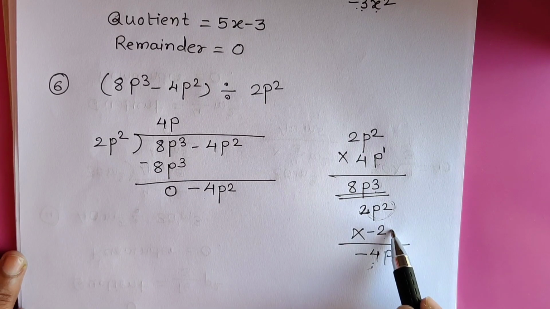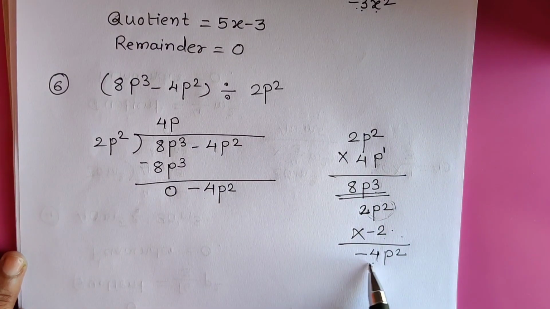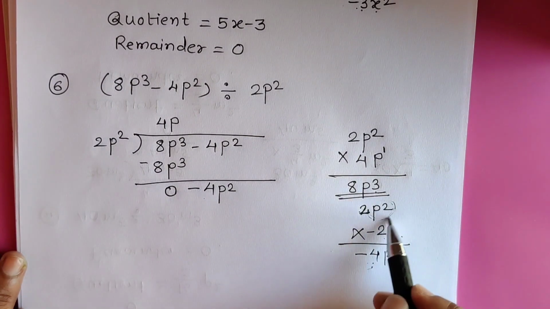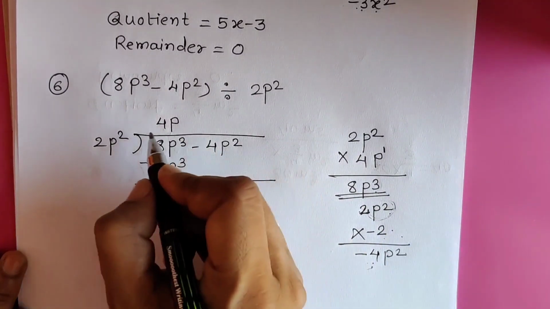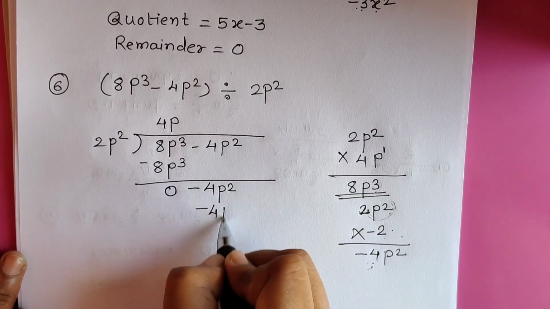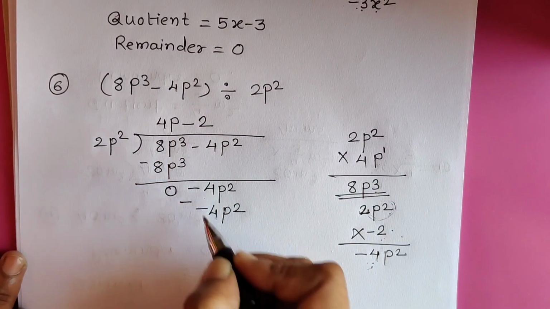So we don't have to write any variable with minus 2. Only minus 2 multiply by 2p square we get answer minus 4p square, because p square is already there in the divisor. So we don't require any variable here. So minus 4p square is our answer. We write here in the dividend. Minus 2 we write in the quotient.